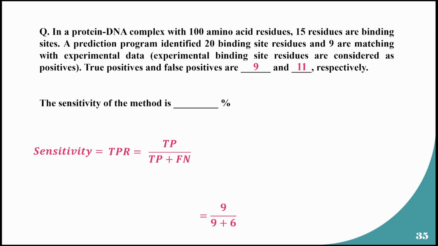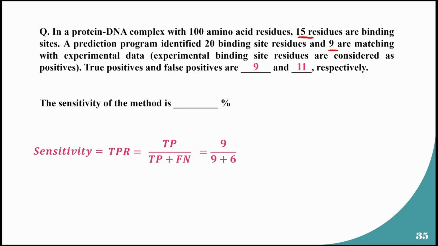Now your true positive was 9, of course. And then what will be the false negative? So basically, false negative will be the number of binding site residues that are actually present in the binding site, but the algorithm did not identify them as such. So originally you have 15 binding site residues. Only 9 of the predicted ones are matching with the experimental data.